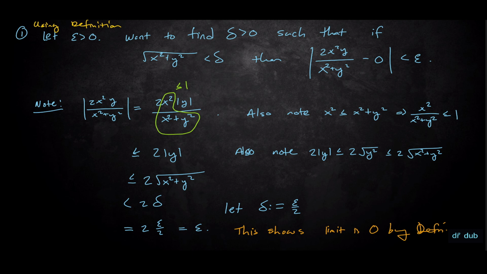That's not what we're told to do though. We're told to use the squeeze theorem. So I just have to find a function that bounds this function. Alright, so using the squeeze theorem, number 2, this is using the squeeze theorem.